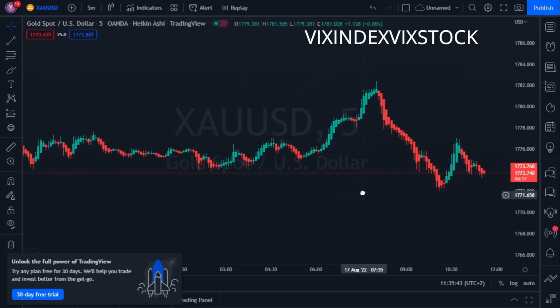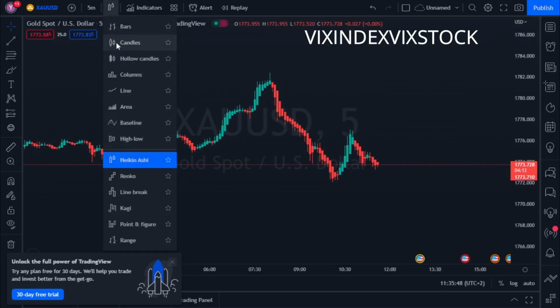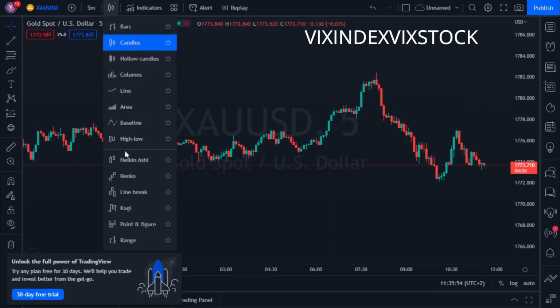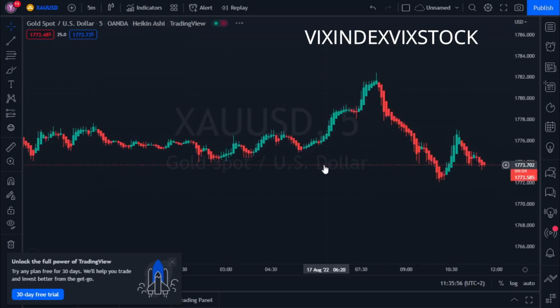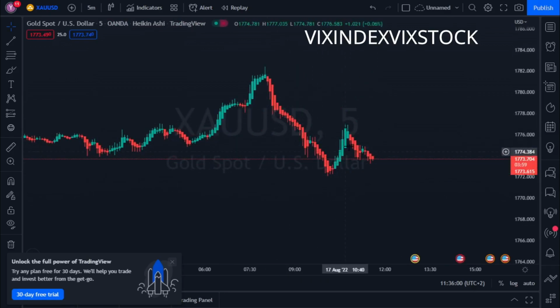I love these candles because they just make life so much easier on the eyes. For example, this is normal candlesticks, but if you go to the Heiken Ashi, this is how everything begins to look. It basically sort of filters out all the noise. That's why I love the Heiken Ashi candles.